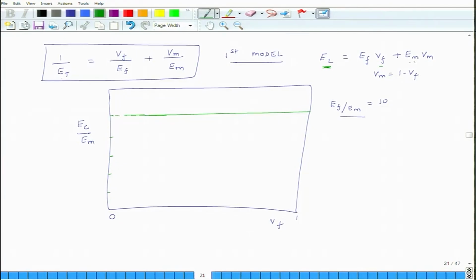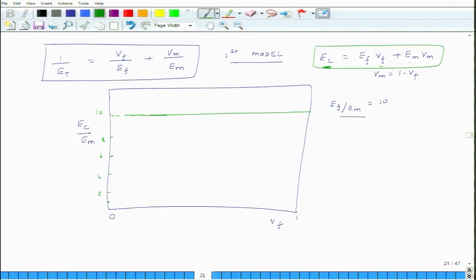This number will be 1, right. So, this curve for EL will start from here, and as volume fraction keeps on increasing, this is a linear relation, right. As volume fraction of fiber keeps on increasing, this number will keep on increasing as a straight line.